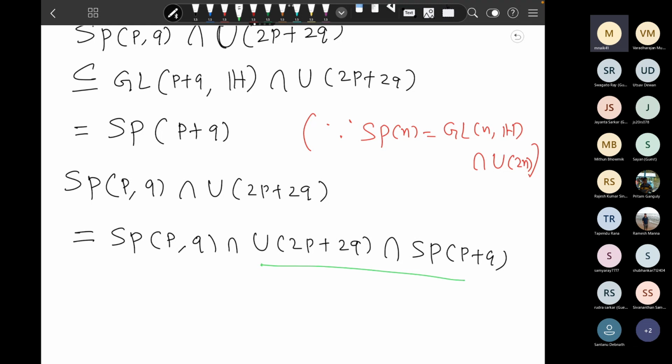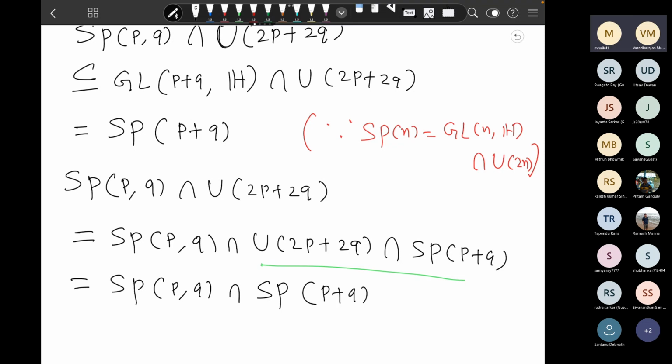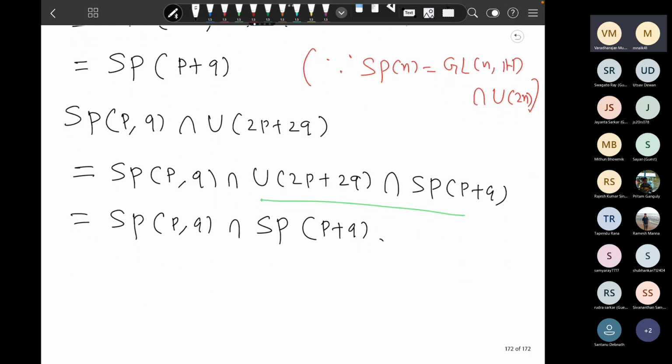Now from this relation that SP(N) is equal to GL(N,H) intersection U(2N), SP(N) is a subset of U(2N). So this will be really SP(P,Q), and that will be really SP(P+Q). Riju, it is clear?